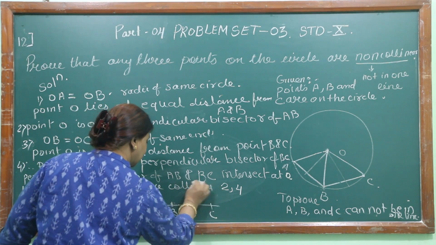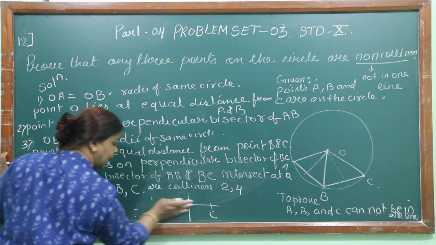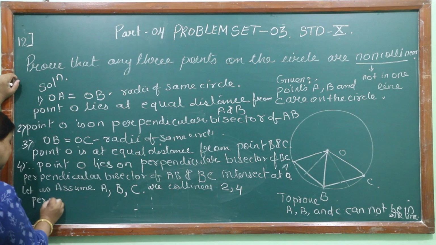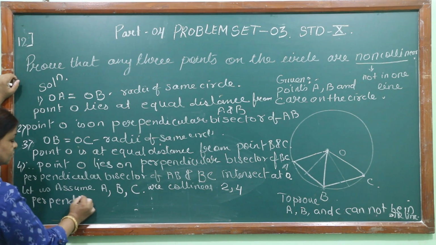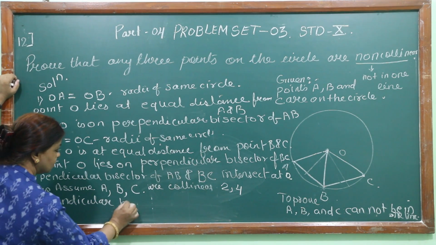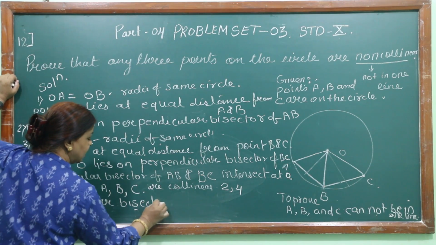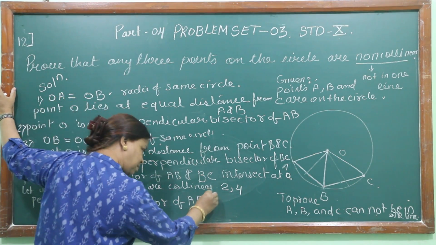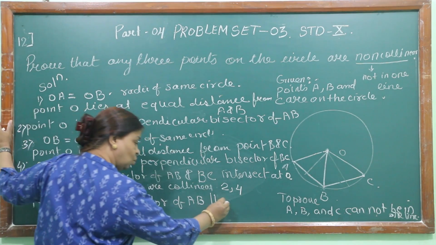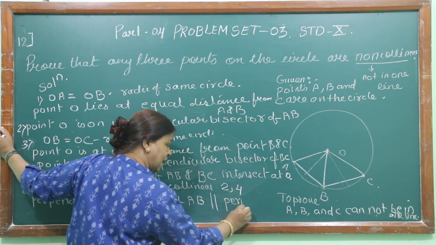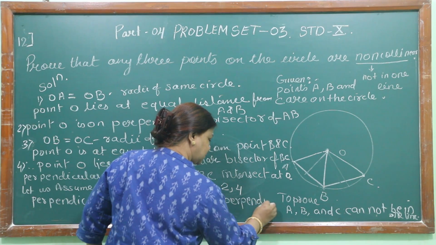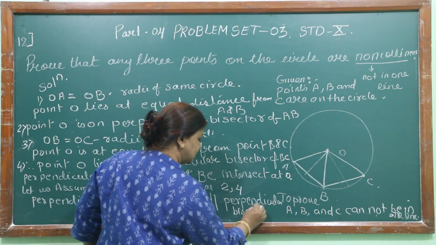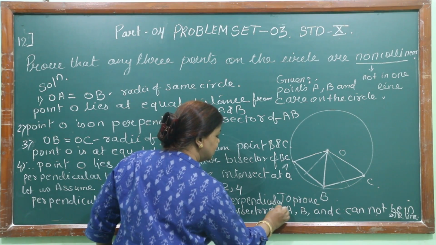If they are collinear, then what can I write here? I can write that the perpendicular bisector of AB is parallel to the perpendicular bisector of BC.